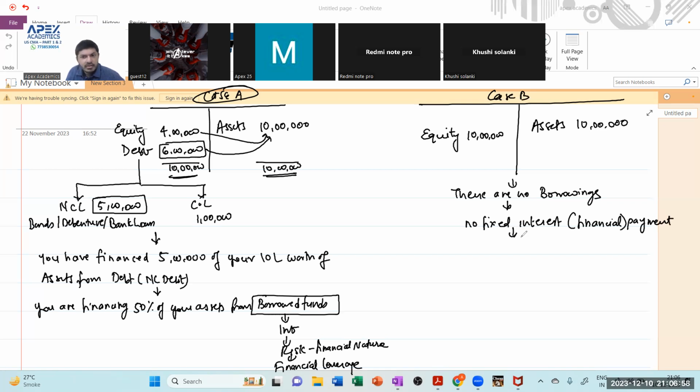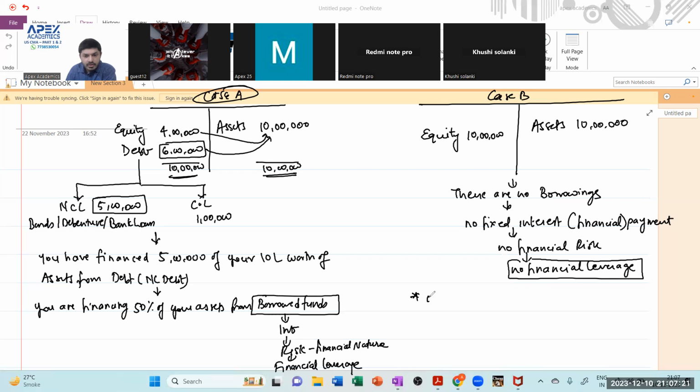Agreed or disagreed? Therefore, there is no financial risk. Therefore, there is no financial leverage. Agreed or disagreed?